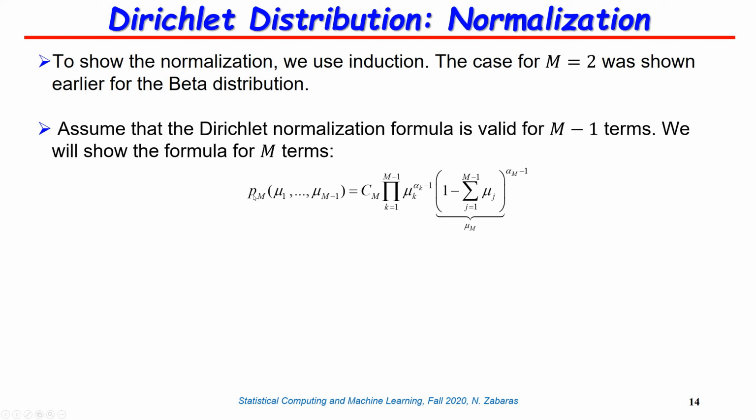To get the distribution for m minus 1 terms, I can integrate mu m minus 1 out, and the distribution that I get will only have m minus 2 independent terms, and that distribution will be normalized by assumption from my induction argument. If I use the correct form for the normalized distribution with total m minus 1 terms, including the dependent term, then you can evaluate what Cm is, and that will complete the derivation using induction.